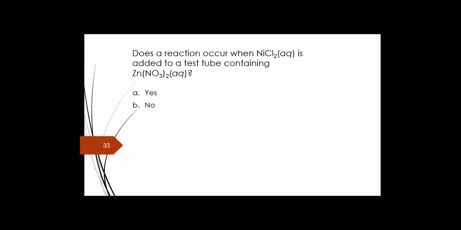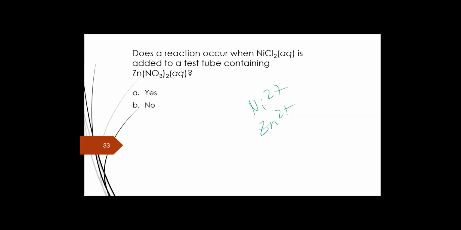Now, what happens if we put both of them together? If both of them, nickel 2 plus and zinc 2 plus, are together, does anything happen? And in this case, our answer is going to be no, because there's actually no source of electrons that they can pick up.